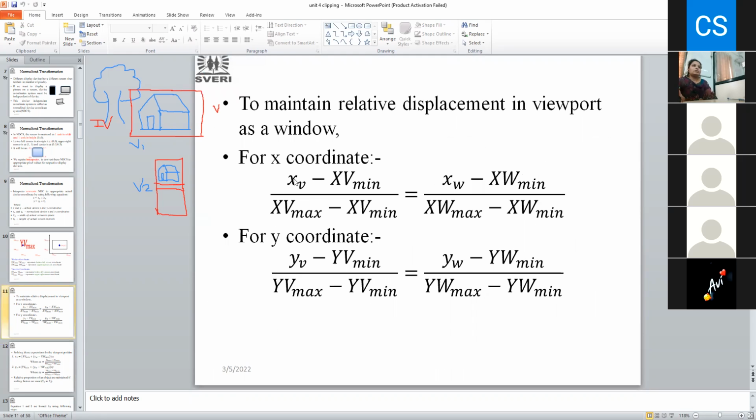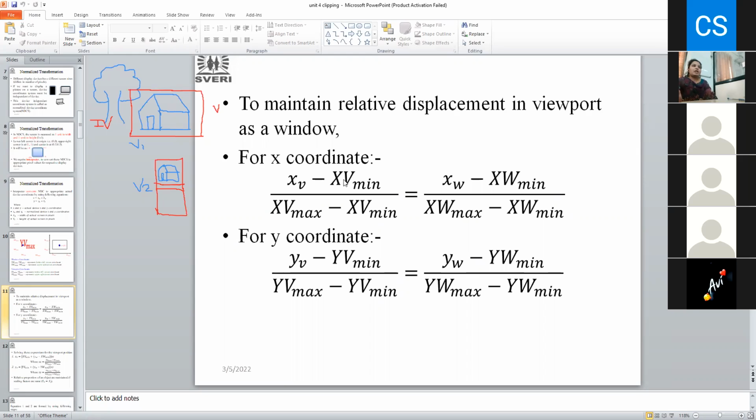See here, xv is calculated. I am going to multiply the denominator to this side. So I will have xv max minus xv min divided by xw max minus xw min, and this is in one bracket, xw minus xw min.